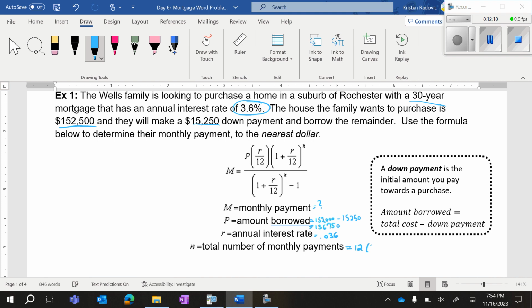All you have to do is insert this into the calculator. So we have M equals, P is 136750, R is 0.036 over 12, N is 360.